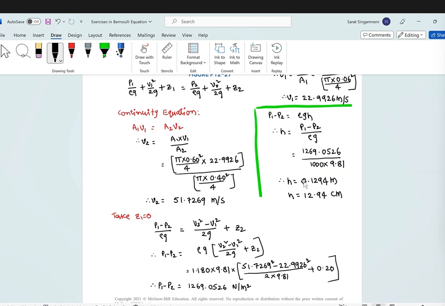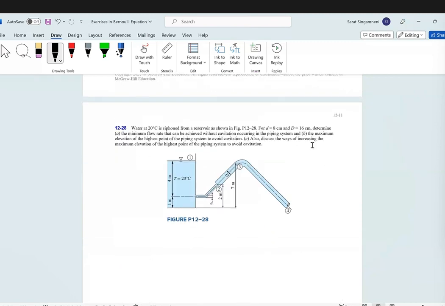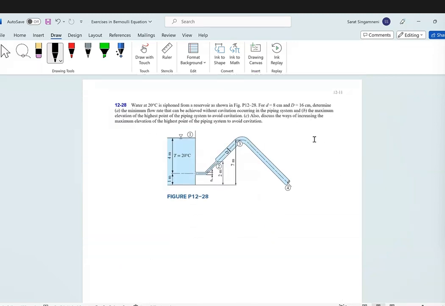So that's how we can use. It's not very difficult, but at the same time, you just need to see what are the given conditions and what are the places where we can apply the Bernoulli, and then just use it smartly. Okay. And this problem I'm not solving now because I selected this as one of the model exam questions.